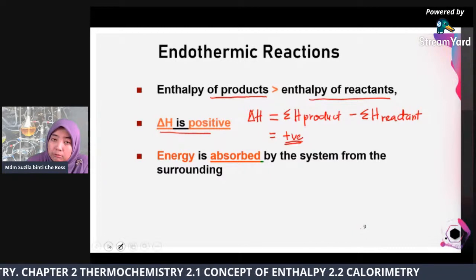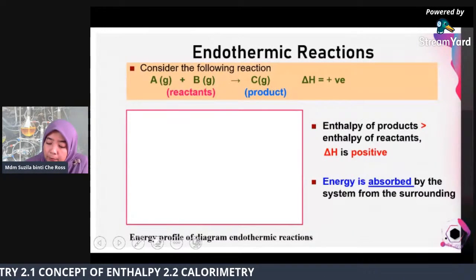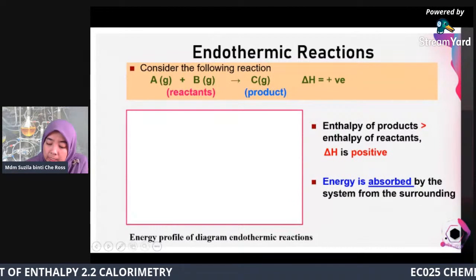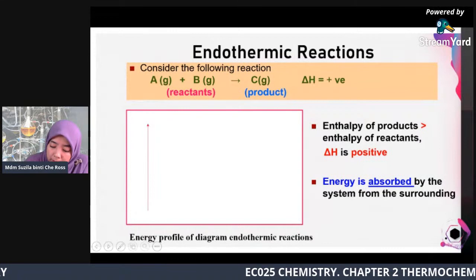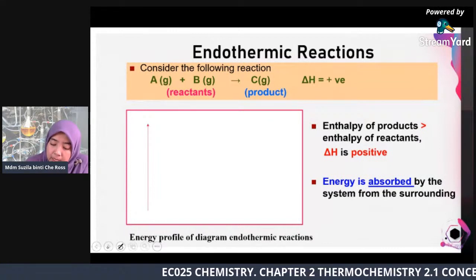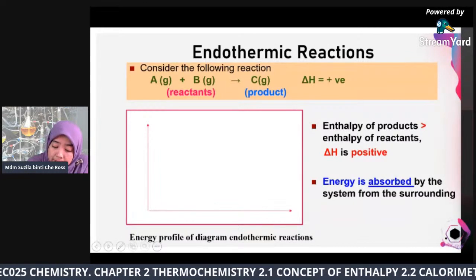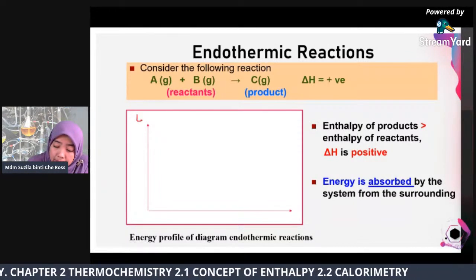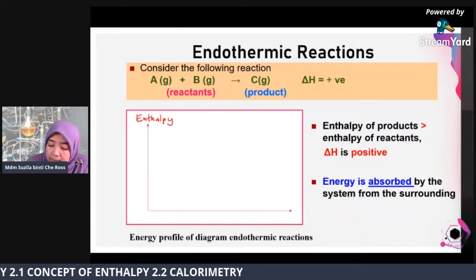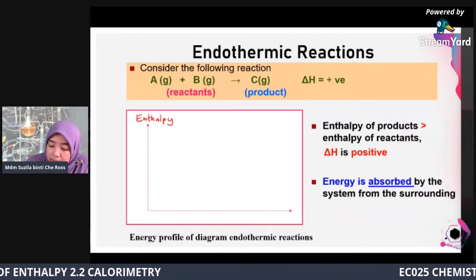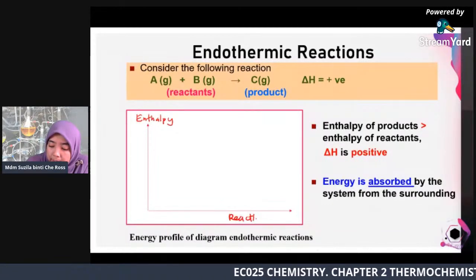Now we want to draw the energy profile diagram for an endothermic reaction. We need to draw the axes first, the y-axis and x-axis. The y-axis is enthalpy, and the x-axis we can label as reaction progress or reaction pathway.